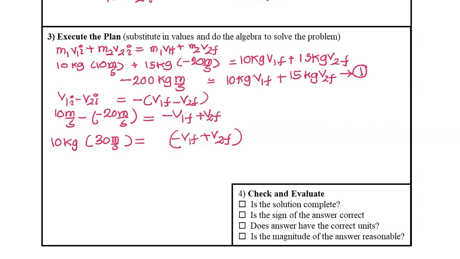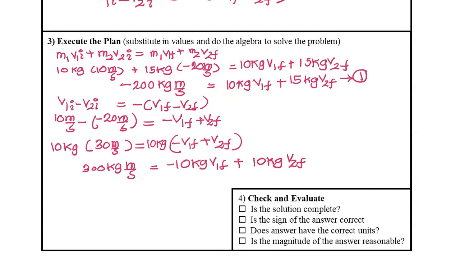I'm going to multiply both sides of the equation by 10 kilograms. When I do that, I get 300 kilogram meters per second is equal to negative 10 kilograms V1 final plus 10 kilograms V2 final, and I'm going to label it as the second equation.